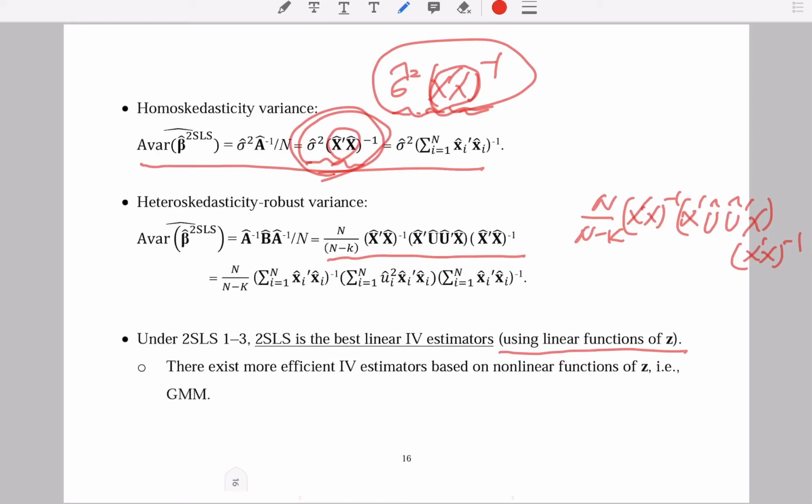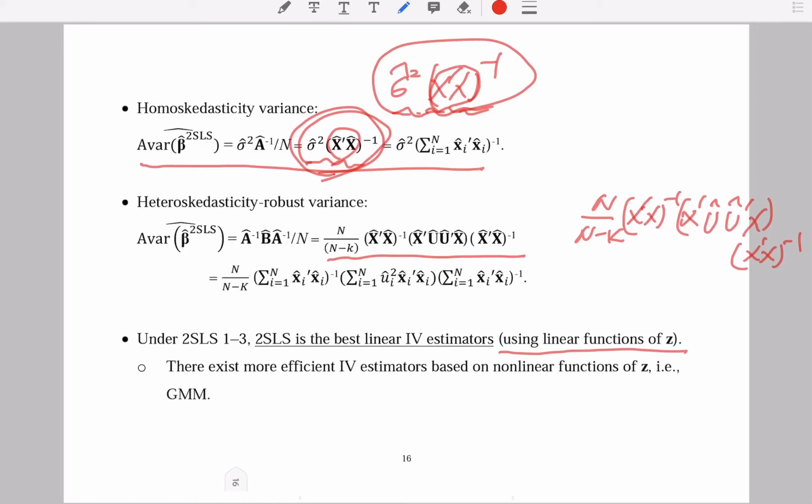Okay. So what does that mean? That means two-stage least square is the best linear IV estimator, but OLS is the best linear estimator, right? So if x is exogenous, you should definitely use the OLS. But if not, then when you have to use an IV estimator, the two-stage least square is the best linear IV estimator.